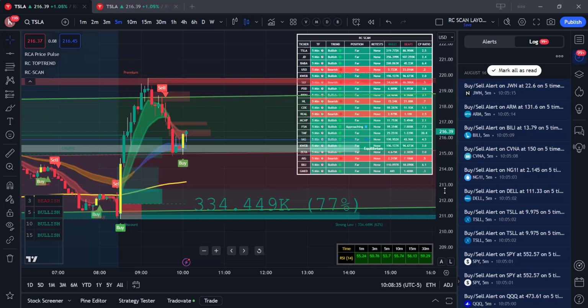Right? And if you want to buy the calls, you can buy next week calls. Next week, 217.5 calls around 5.6.